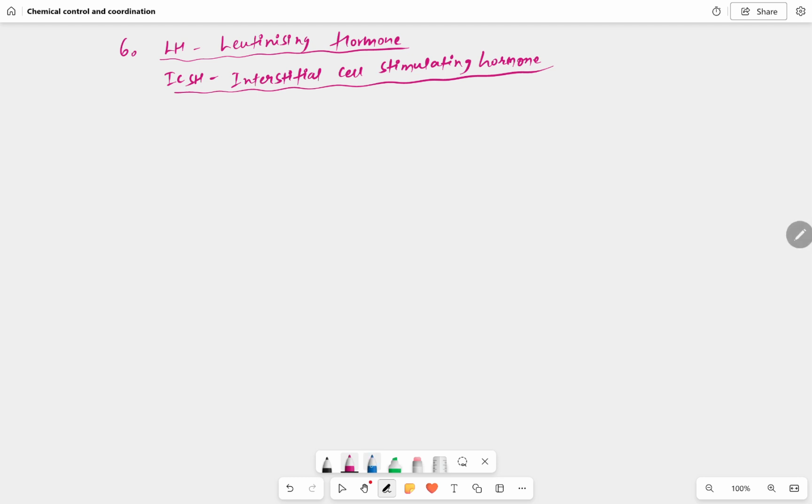So it is also secreted in both male and female, and it has a different role in both, which we will cover. Luteinizing hormone or LH is the term more frequently used for female, and ICSH is the term more frequently used for male.